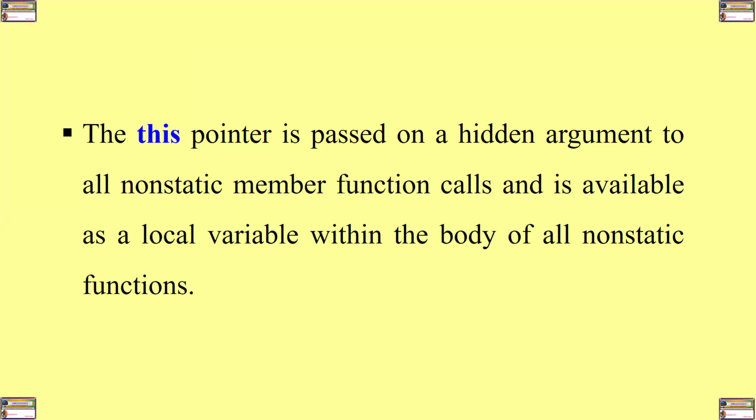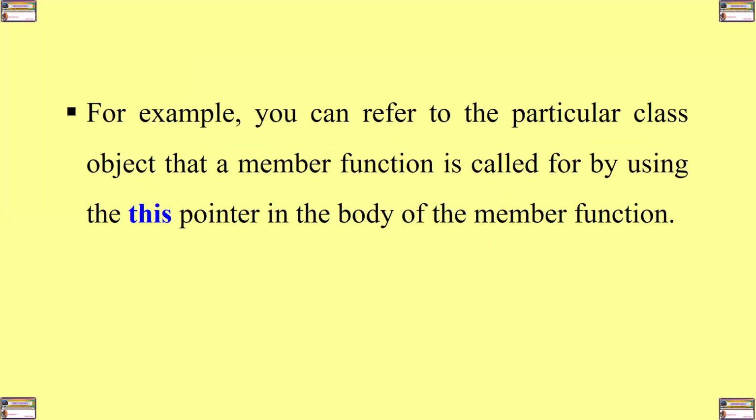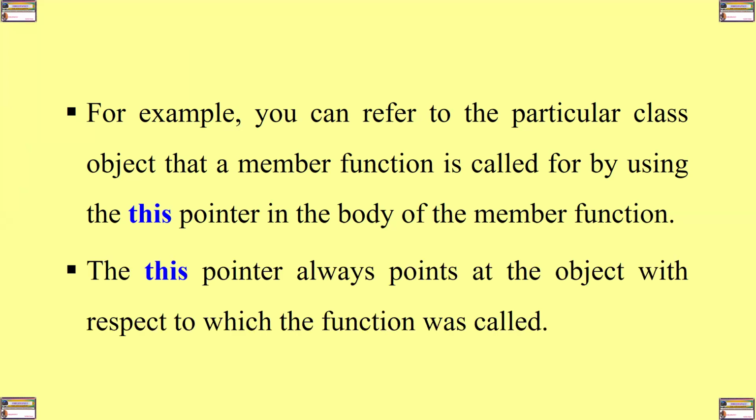So the this pointer is passed as a hidden argument to all non-static member function calls and is available as a local variable within the body of all non-static functions. For example, you can refer to the particular class object that a member function is called for by using the this pointer in the body of the member function.